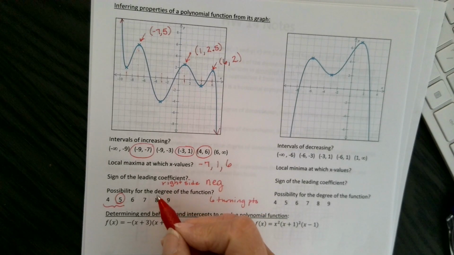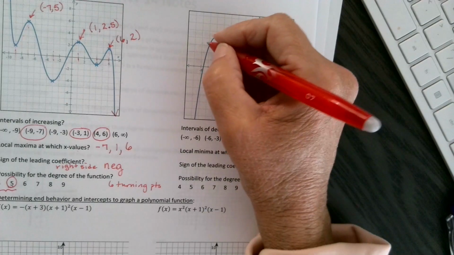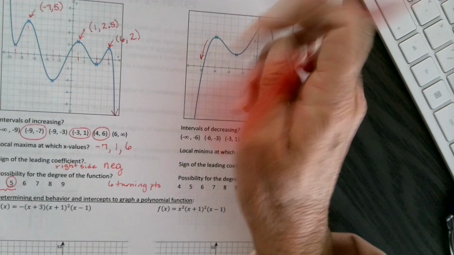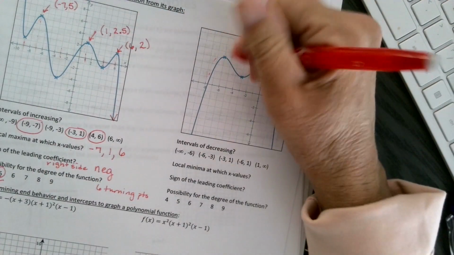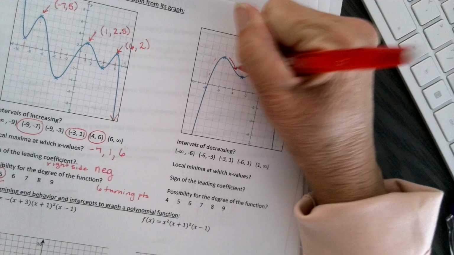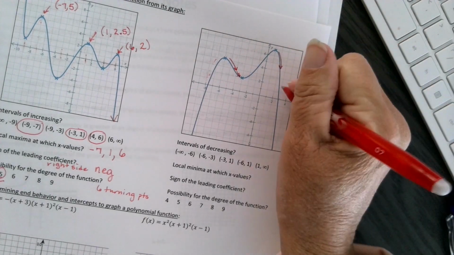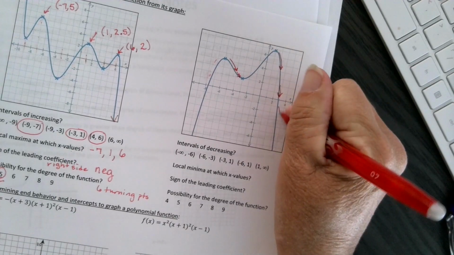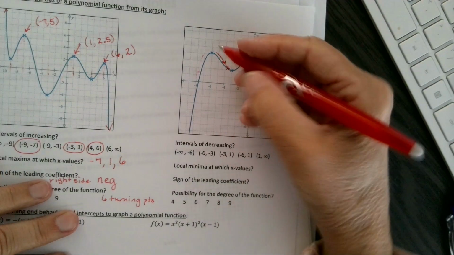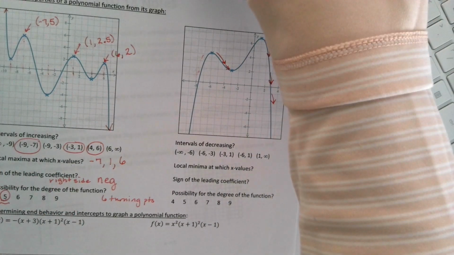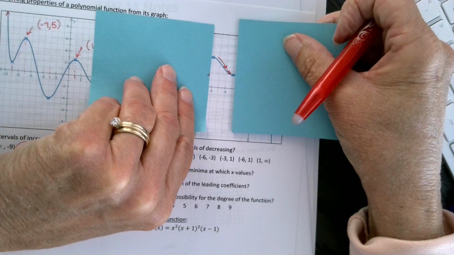This is going to be the hardest part. Right here, intervals where it's decreasing. It decreases. Oops, nope, it does not. You read it left to right. It decreases here, and it decreases over here. Again, x values only. It is decreasing between those 2 points.